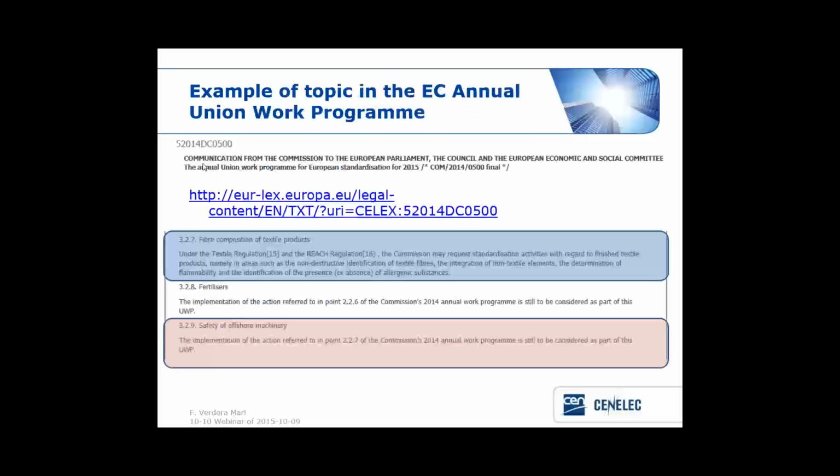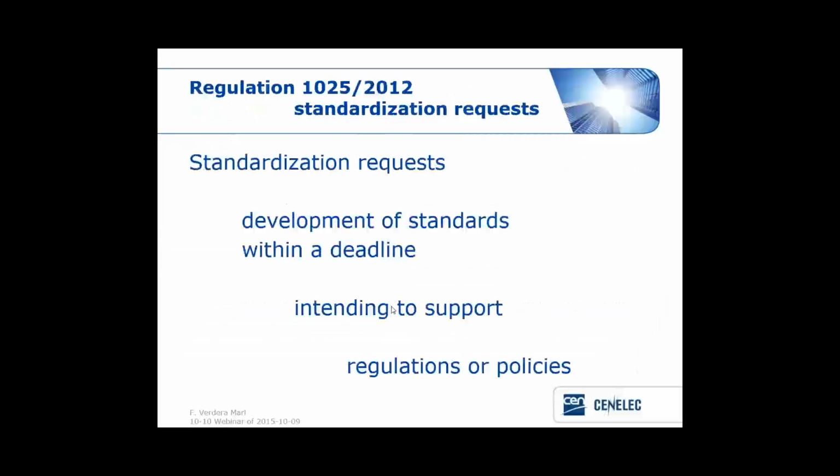So here we have the link to the communication, which is the Annual Union Work Programme of 2015. This is what I showed you before. So it's the fiber composition of textile products. After this publication of the Annual Union Work Programme, the Commission issues something called a standardization request.